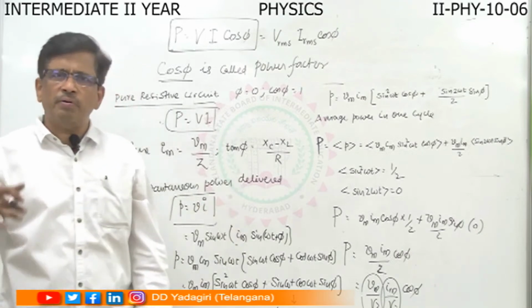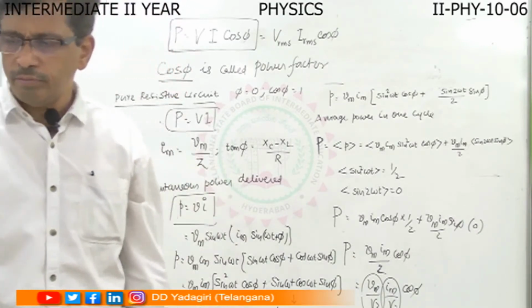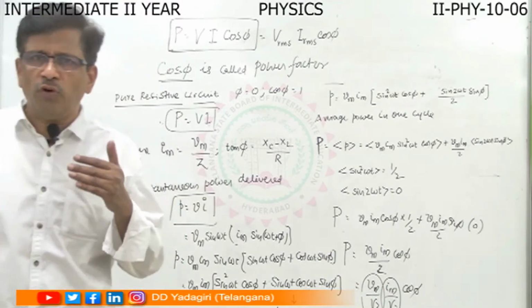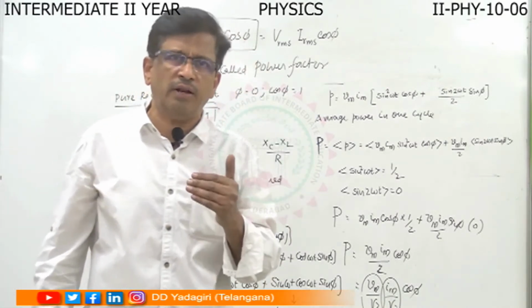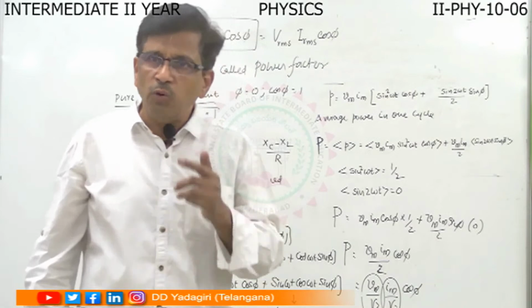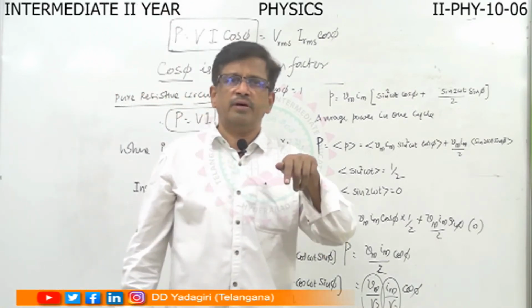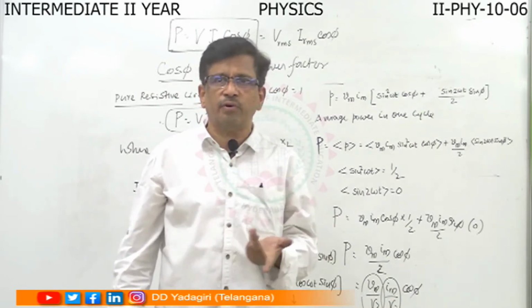So maximum power is dissipated in a resistive circuit. Suppose you take an inductive or capacitive circuit. You already know in an inductor, what is the phase difference between voltage and current? Pi by 2. Capacitor, what is the phase difference?